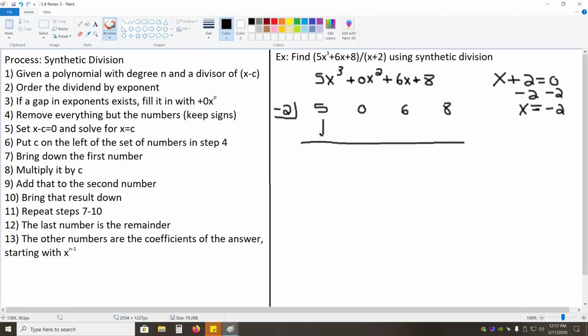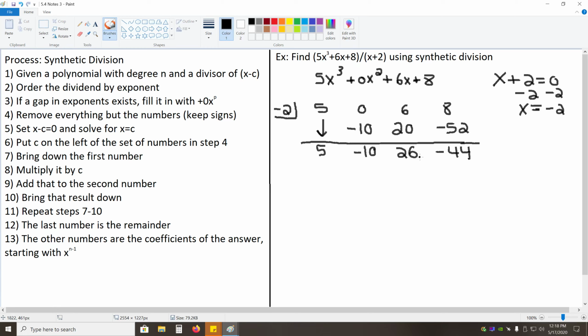We're going to bring down the first number, which is 5, and multiply it by the number on the outside. 5 times negative 2 is negative 10, and add that to the second number. 0 plus negative 10 is negative 10, times negative 2 is positive 20, 6 plus 20 is 26, times negative 2 is negative 52, plus 8 is negative 44.